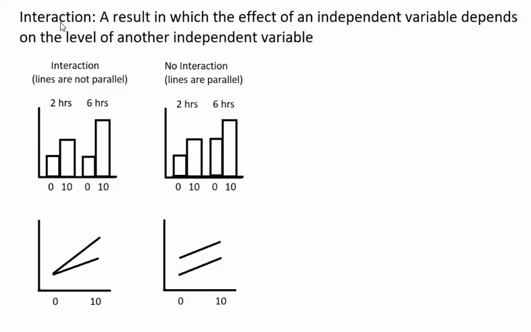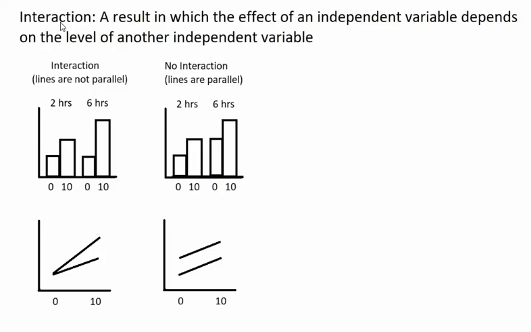So it's kind of like sleep hours is messing with the effect of study hours. And that's what I mean by when I say it's interacting with it. So if a third variable interacts with the effect of one variable on another, it's an interaction.